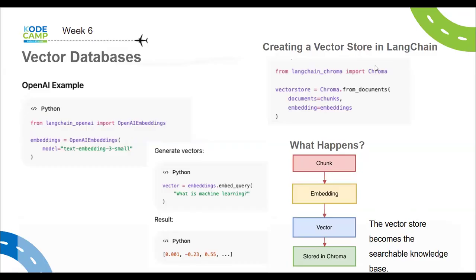Each of the vector databases has, for example, LangChain Chroma has a class that you can then use to create a vector store. And when you create that vector store, you specify the documents, which typically should be documents that you have already chunked using a previous text splitter.